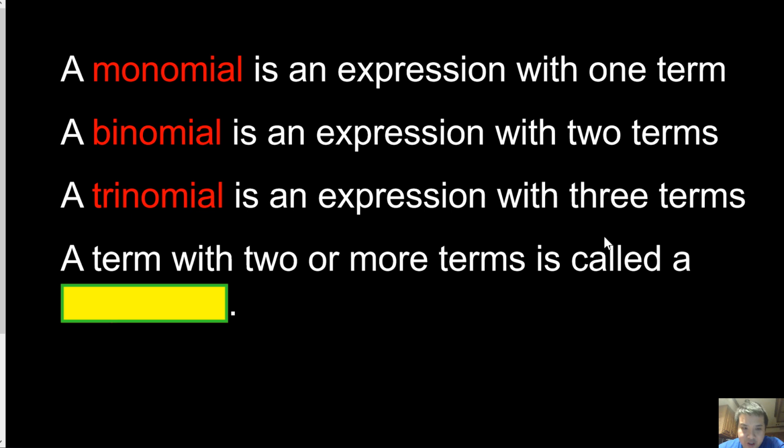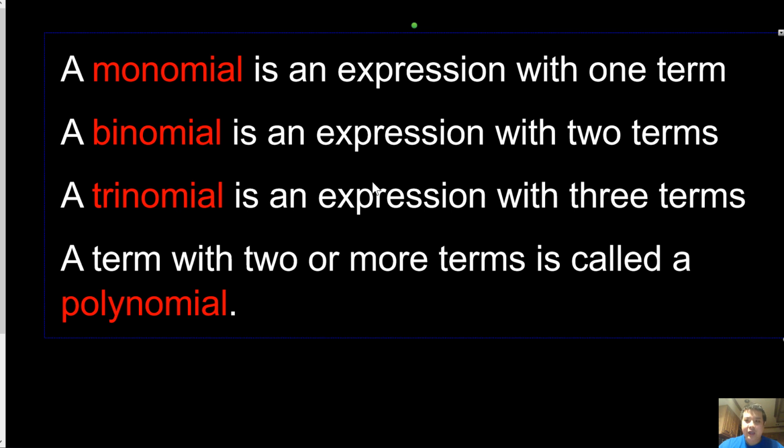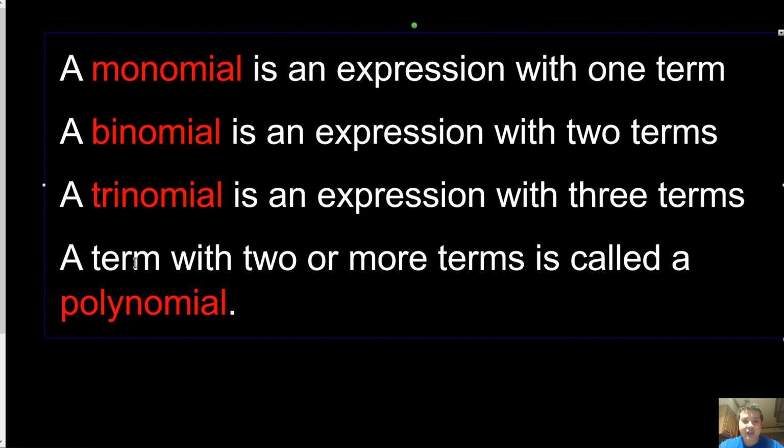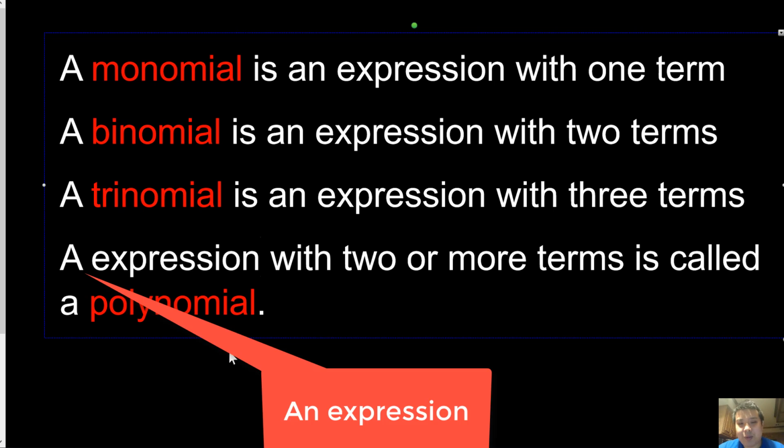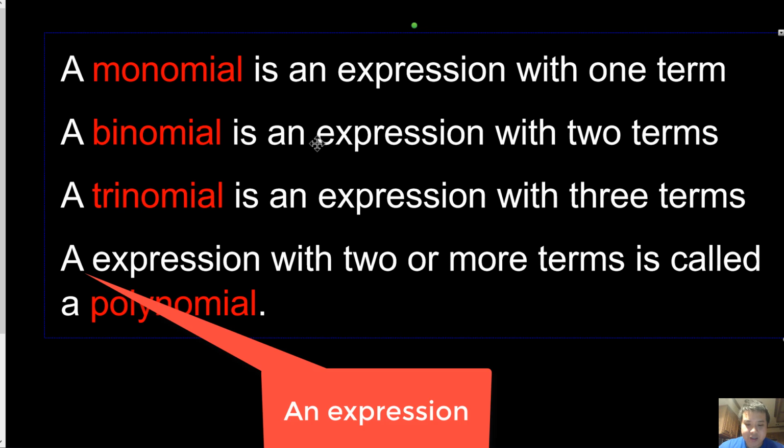A trinomial is an expression with three terms, like a trilogy, which means three different movies or three different books. An expression with two or more terms is going to be called a polynomial, the same root as polytheism, which means many gods.